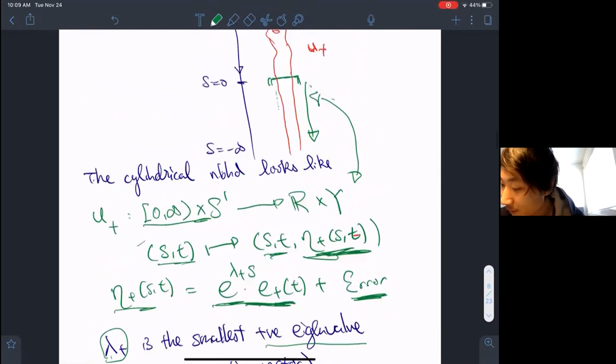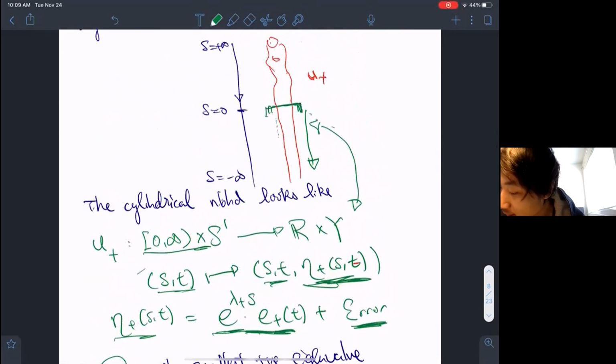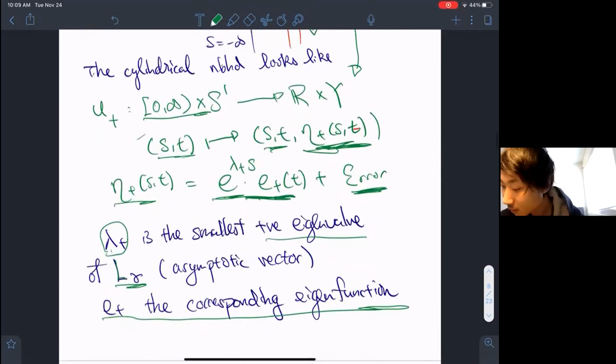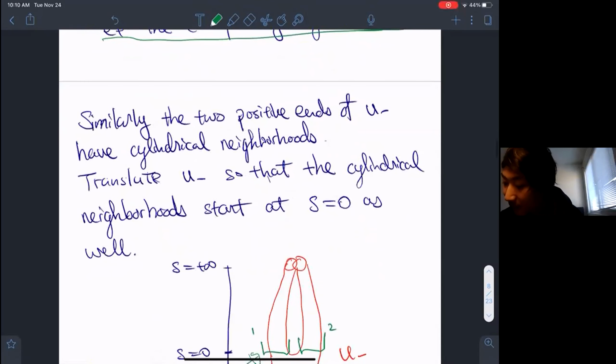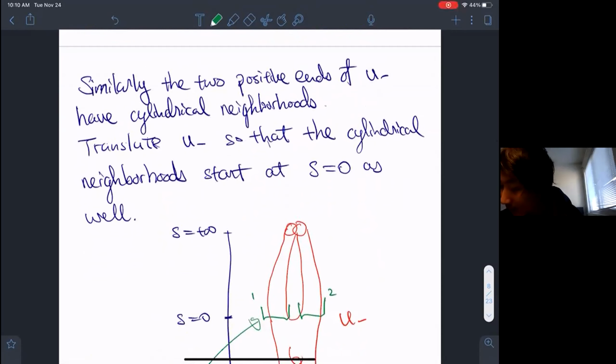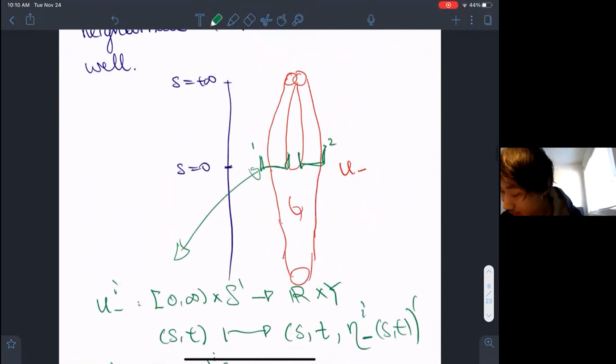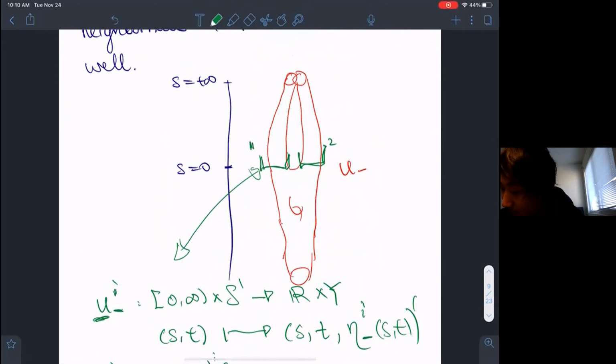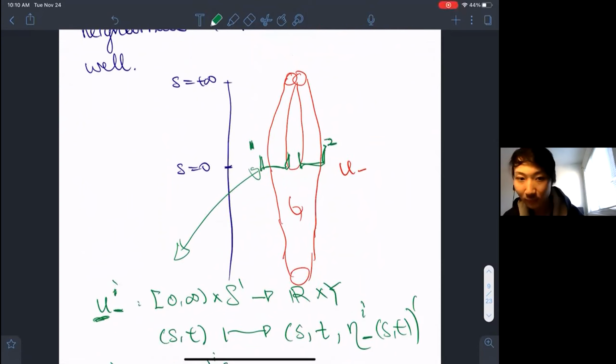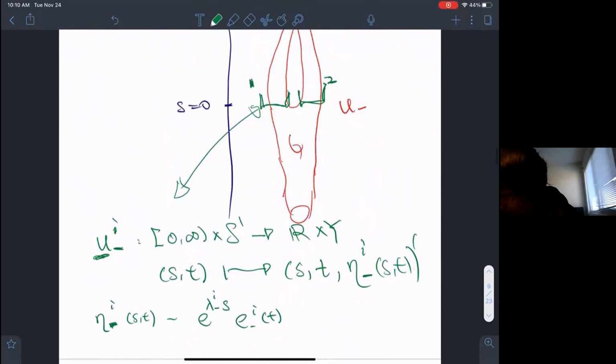And for convention purposes, I've fixed this end. I've indicated the end by a square bracket and it starts at s equals 0. I can fix similar things for the 2 positive ends at U minus. I can translate U minus so that the cylindrical neighborhoods start at s equals 0. And over each of these ends, I have a formula. So U minus, and I indicate which end it is, i ranges from 1 to 2. And it looks like this.